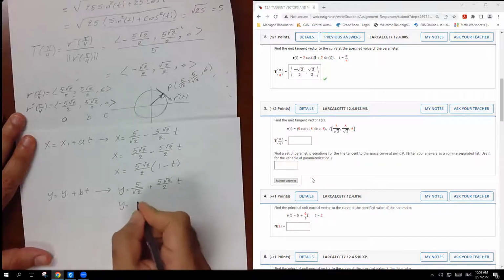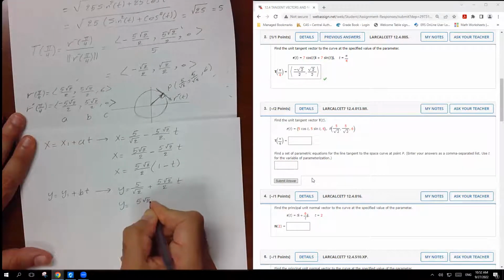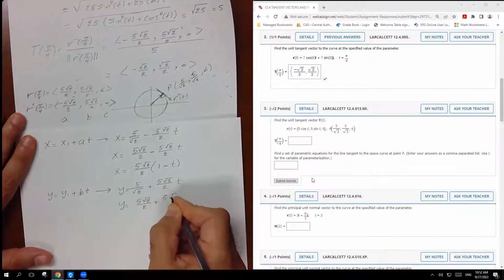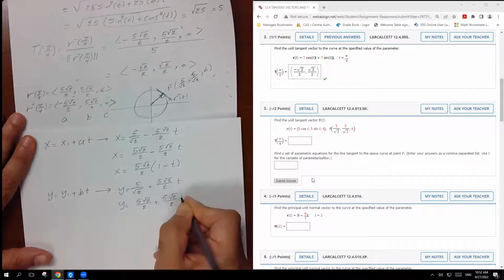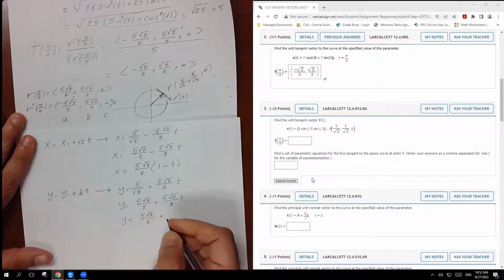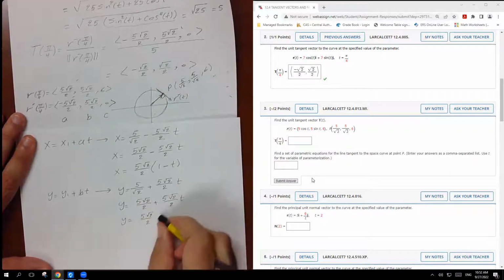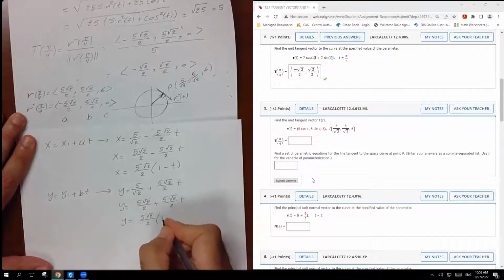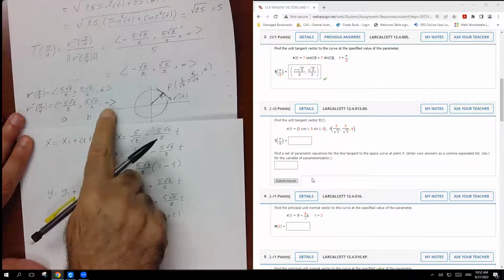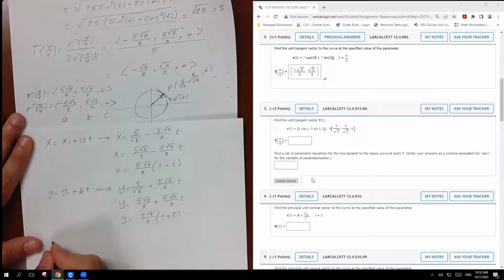Rationalizing this part, Y is going to be 5 square root of 2 divided by 2 plus 5 square root of 2 divided by 2 with the t. That means Y is going to be 5 square root of 2 divided by 2, and factoring this out, it's going to be 1 plus t. For the z, we have 0 here. So z equals z1 plus ct.